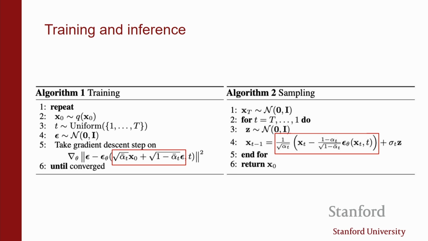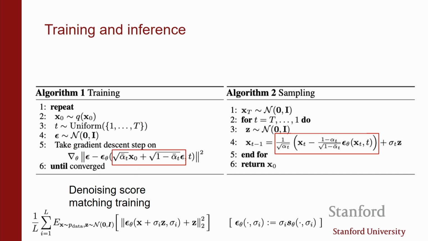So this is the training procedure of DDPM, the denoising diffusion probabilistic model. And the loss is basically denoising score matching. The loss that you have here is the same as the denoising score matching loss that we had before. The sampling is also very similar to what you would do in a score-based model.